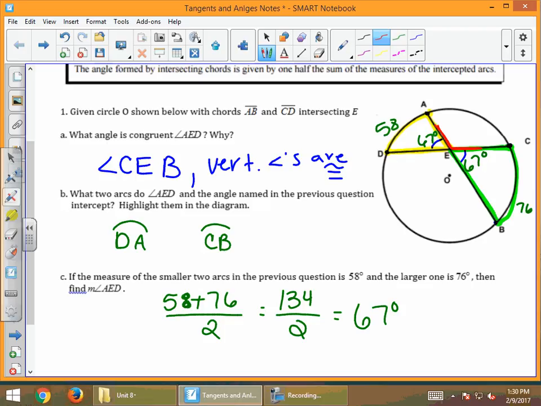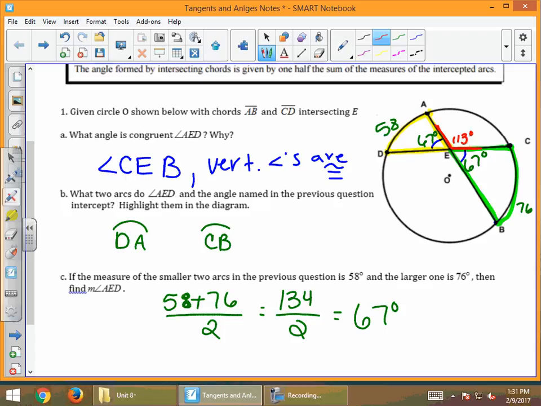Just for fun, how can we find the measure of this angle right here? Gary? You take 180 and subtract 67. Good. What do we get when we do that? 113. Good. Gary is correct because these two angles right here are right next to each other and they fall on a straight line. So we know they add to 180.